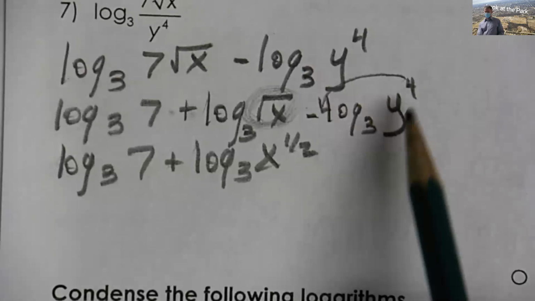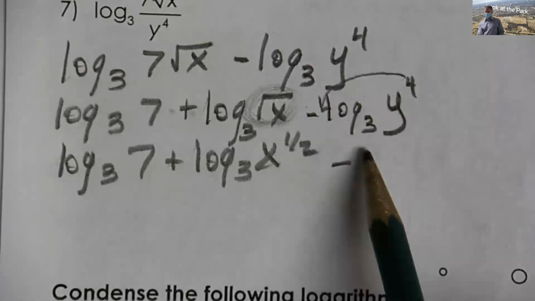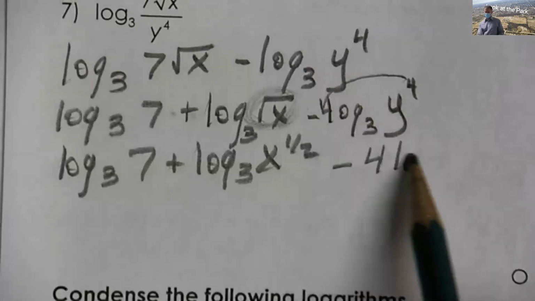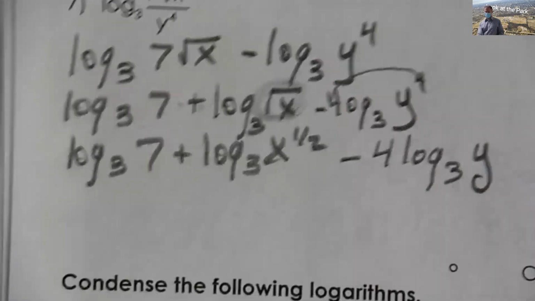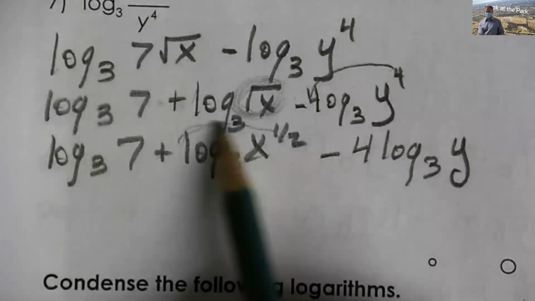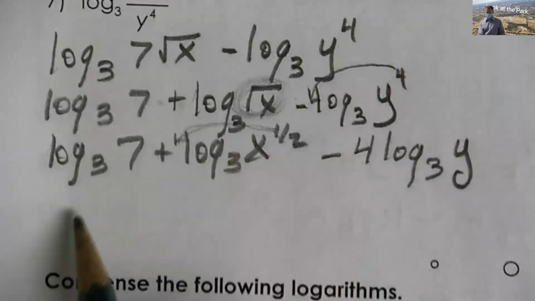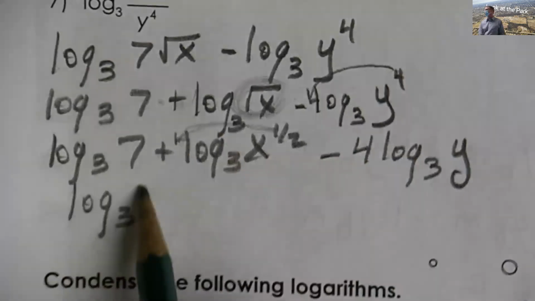We're going to write the 4 in front of its own logarithm. And now we can write the half in front of its own logarithm. Nothing else we can do with log base 3 of 7.